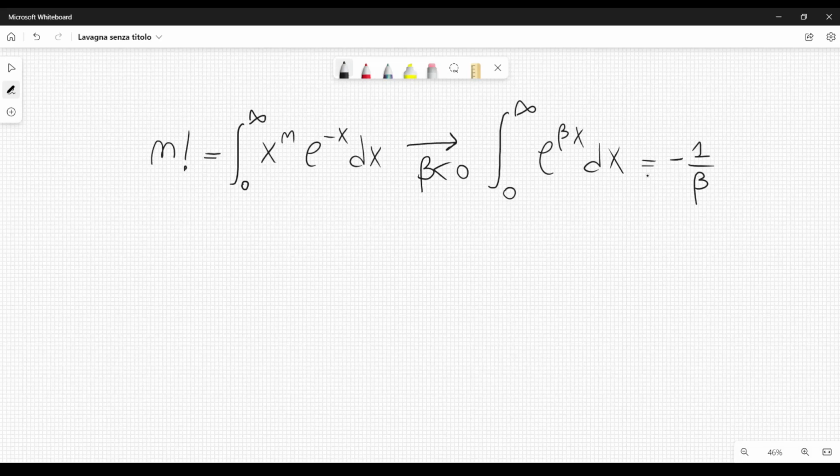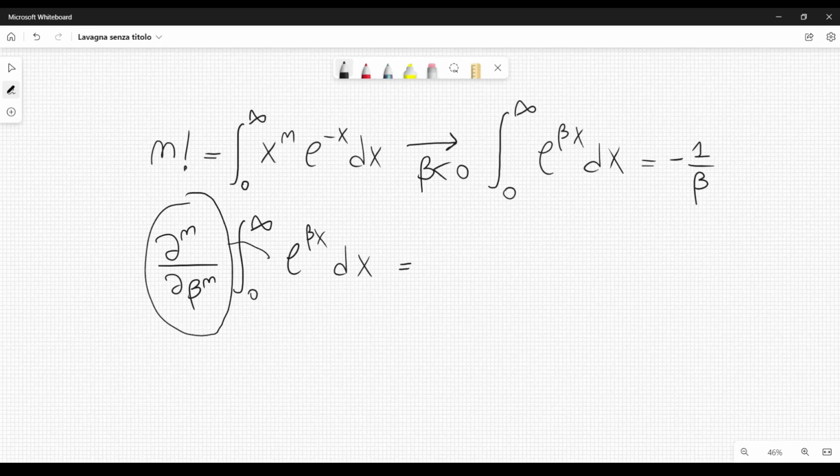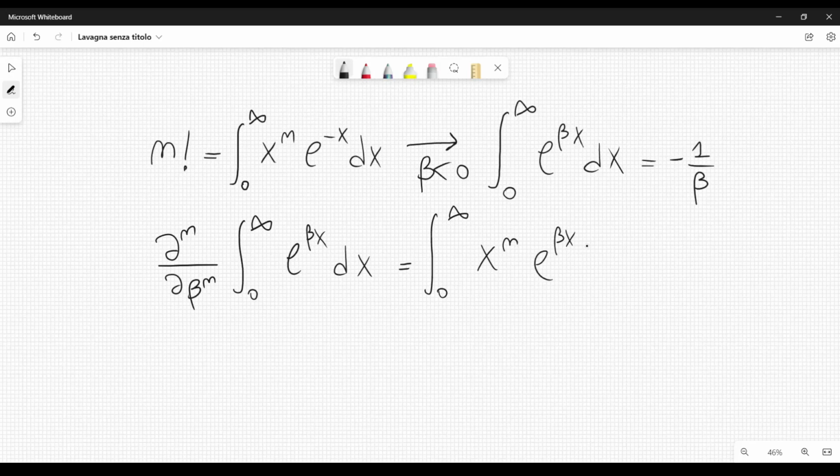Now, you might wonder, why do we have to compute this integral to show that this relation is true? Well, if we take the nth derivative with respect to beta of the integral from 0 to infinity e to the beta x dx, then if you bring this differential operator inside the integral, you can rewrite it like this: integral from 0 to infinity of x to the n e to the beta x dx.